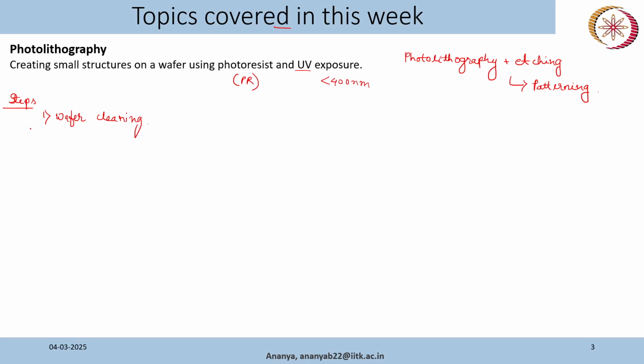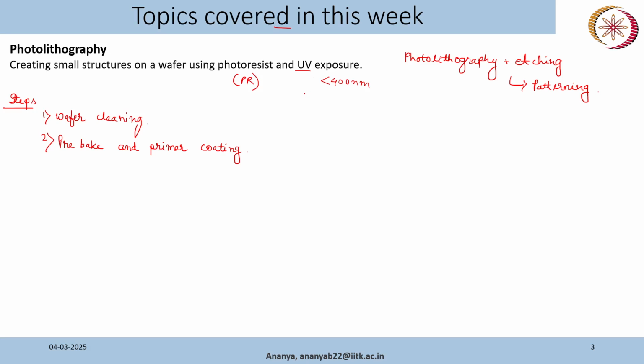After wafer cleaning, what is the step? So the second step is pre-bake and primer coating. Pre-baking is done to remove any moisture content from the wafer surface. And primer actually bonds the photoresist and the wafer.